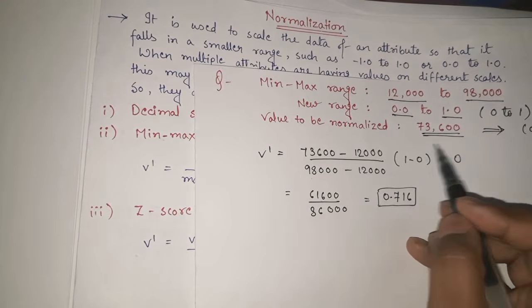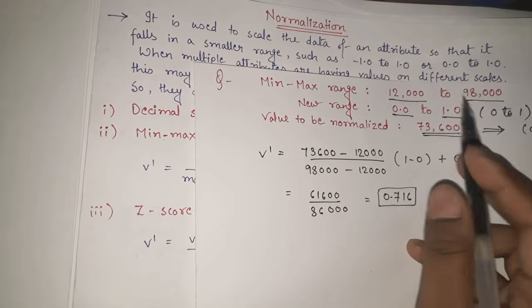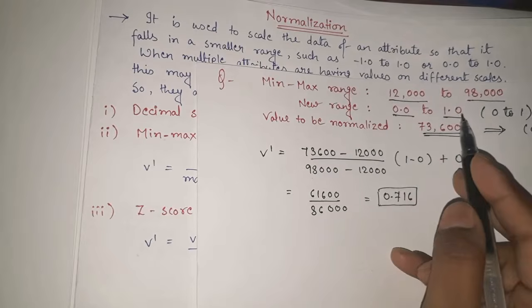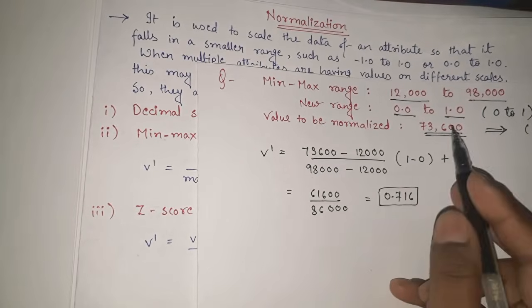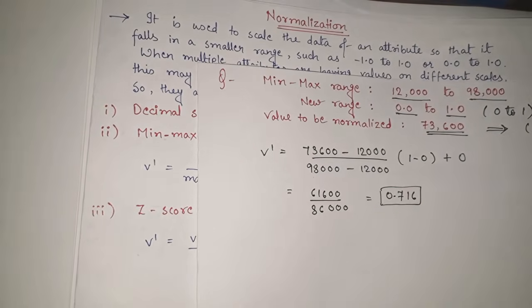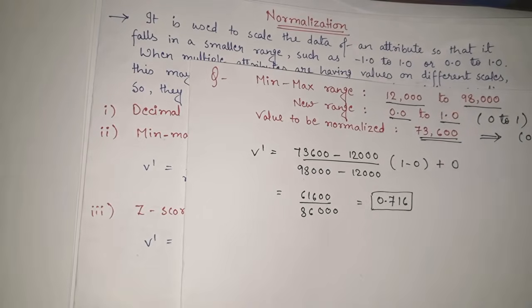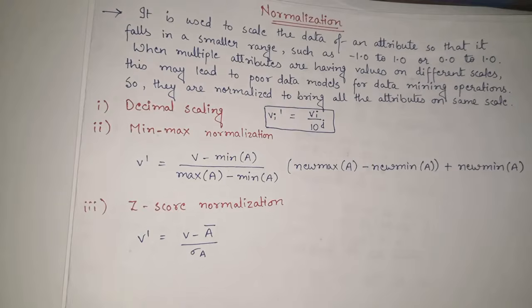Got it? This is the original value given from the original range. We have normalized it into the new range 0 to 1, and the new value we got with respect to this is 0.716. It is that simple. You just have to solve it like this, applying the formula. Fine. So this is how we need to solve min-max normalization.